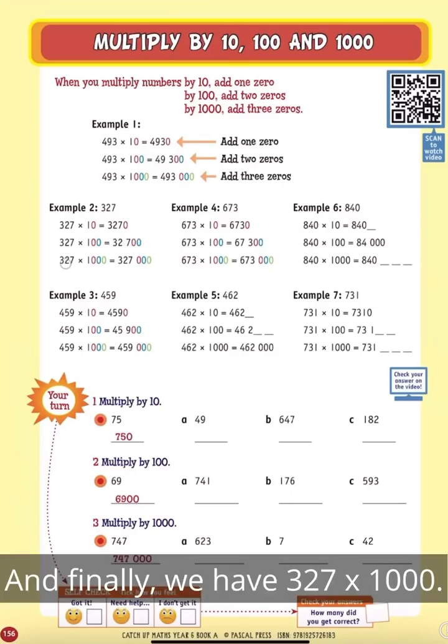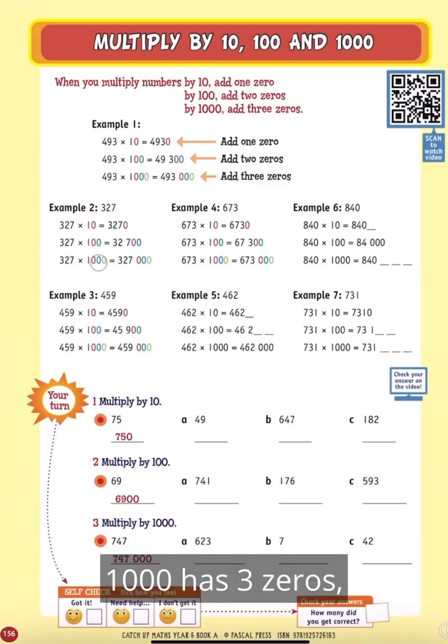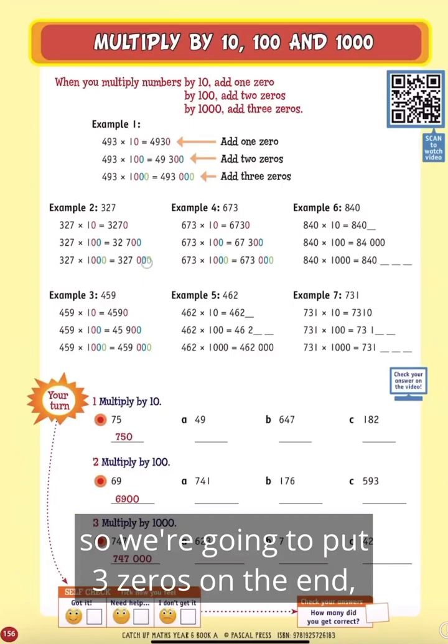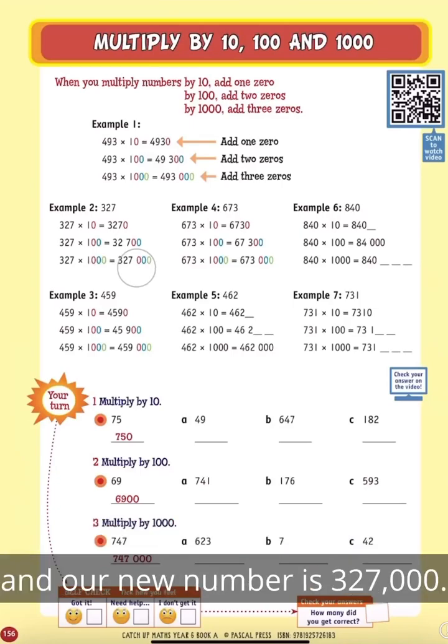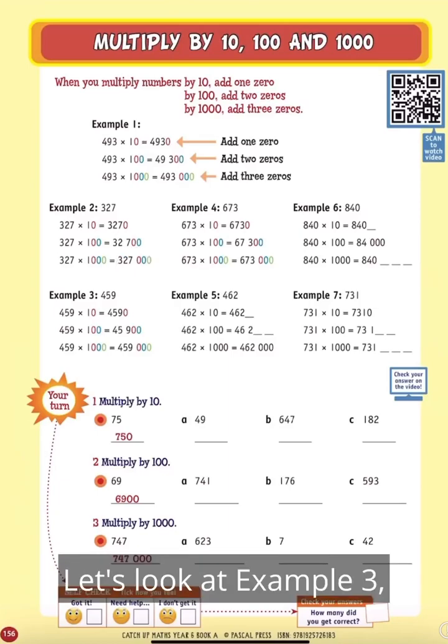And finally, we have 327 times 1,000. 1,000 has 3 zeros, so we're going to put 3 zeros on the end, and our new number is 327,000. Let's look at example 3.